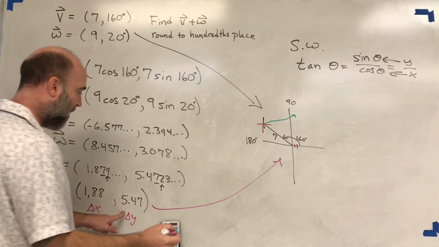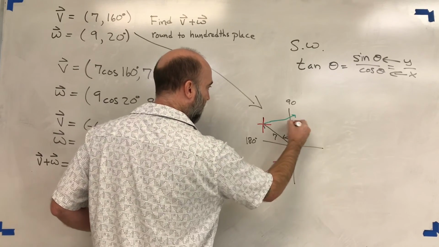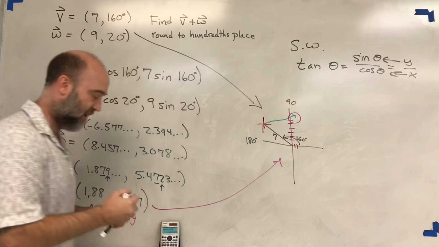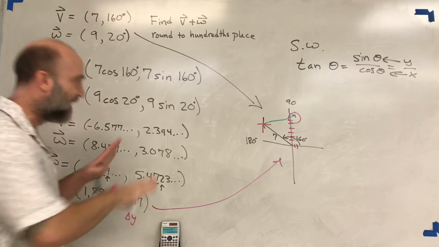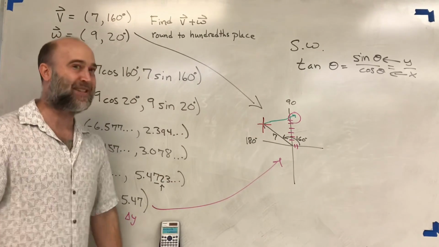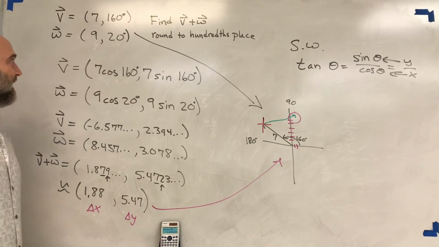My change in y is almost 6: 1, 2, 3, 4, 5. Yeah, so it's about in that region right there. Notice it kind of links together. It doesn't have to be perfect, we're just doing a guesstimate. Does that make sense with those two? And yes, it does.